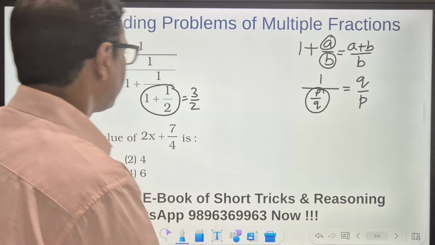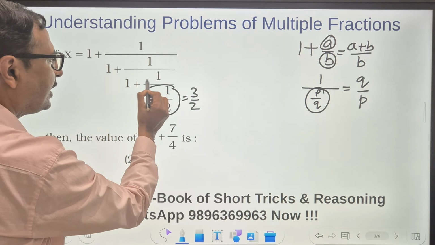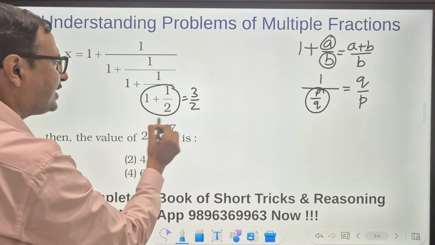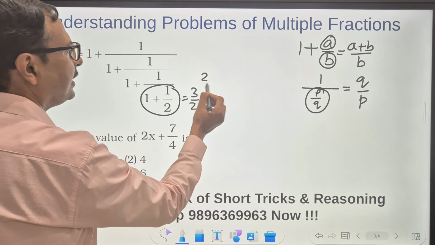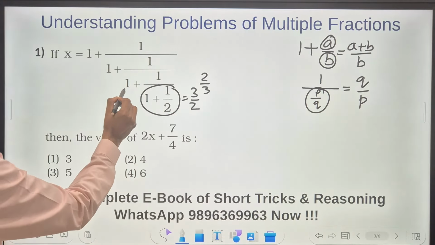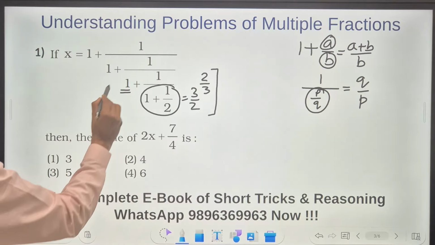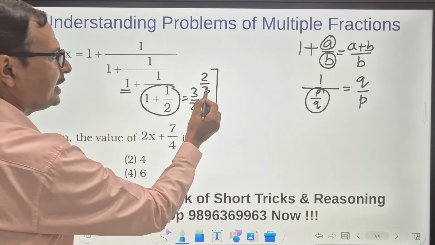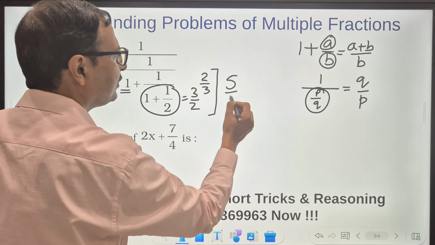So first concept I used here to get 3 by 2, and now because there is a 1 upon, if I simplify this part, the 3 by 2 will become 2 by 3. It will get flipped, right? Now there is a 1 plus, so if I simplify up to here, 1 plus 2 by 3 is again the same rule, 2 plus 3, 5, so 5 by 3.